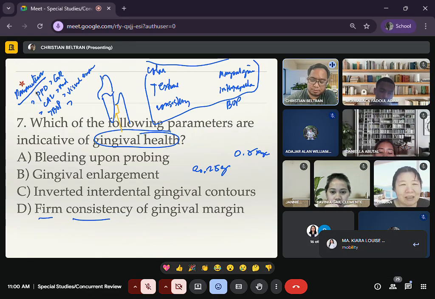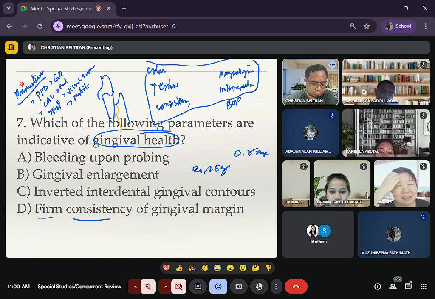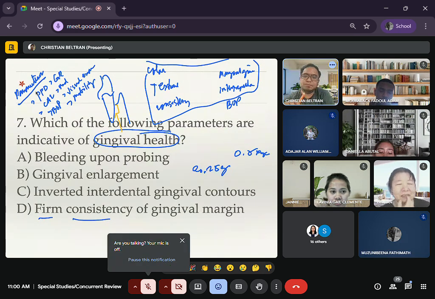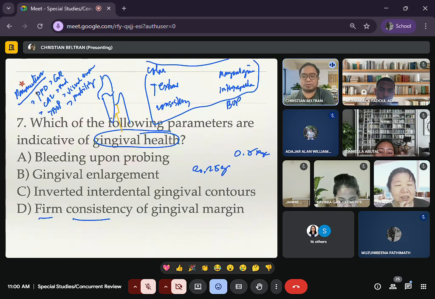What else? Most of the time, the posterior teeth are assessed using these parameters. Teeth involved.